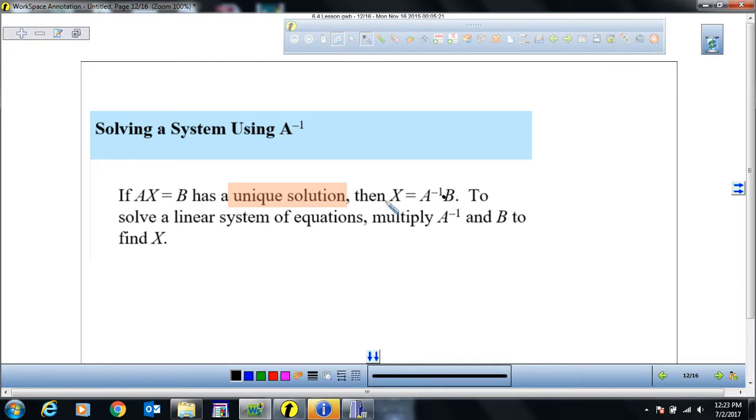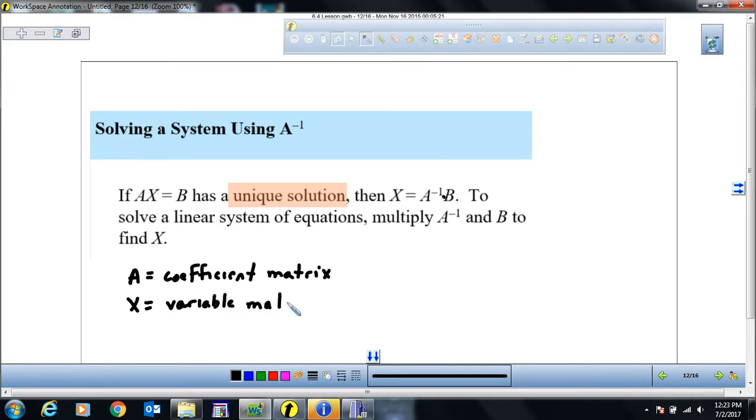Now what does X mean? X doesn't mean the variable X. I'm going to put the definitions here. A is a matrix. That A represents the coefficient matrix. X, like I said, doesn't represent the variable X. That X represents the variable matrix.